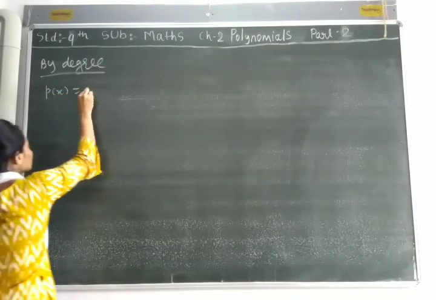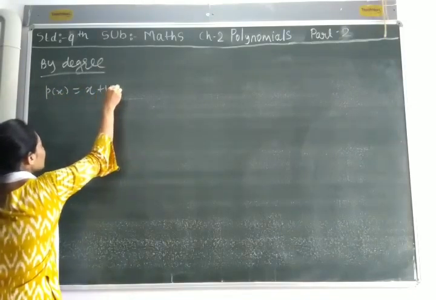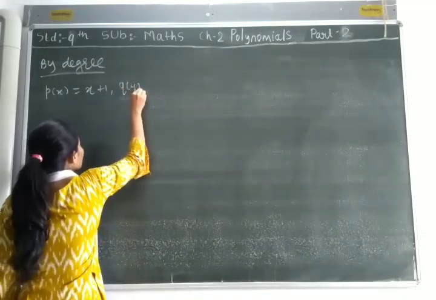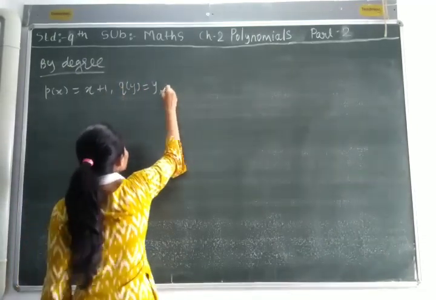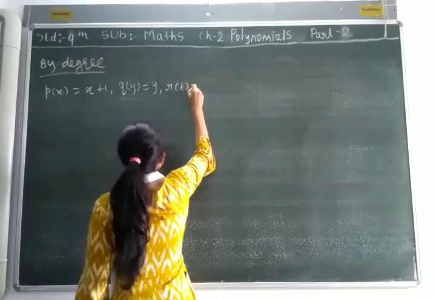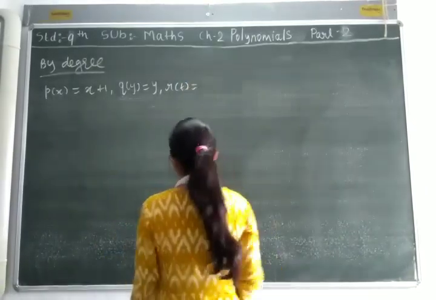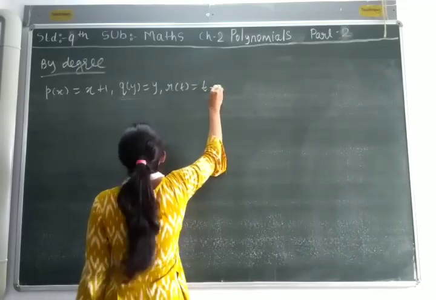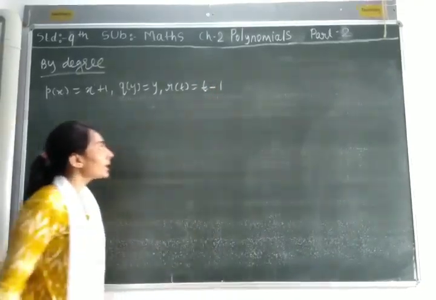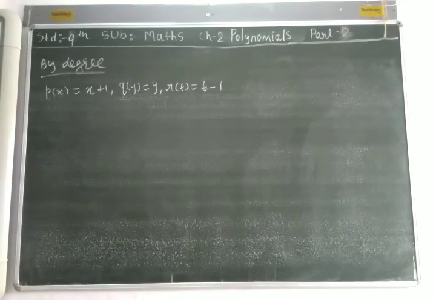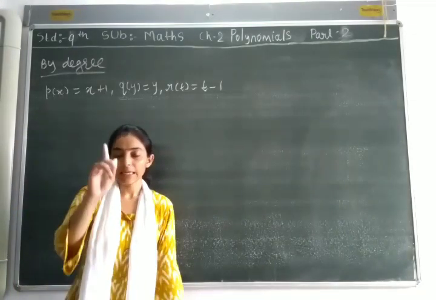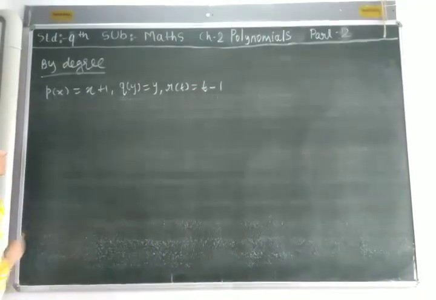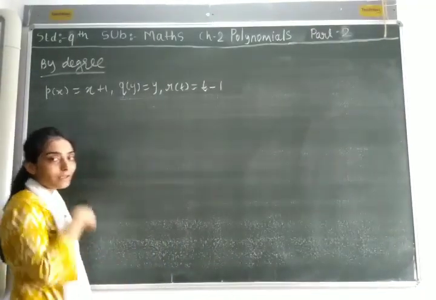U of x equals x plus 1. U of y equals y. R of t equals t minus 1. Likewise, as you can observe, all my polynomials contain degree 1.